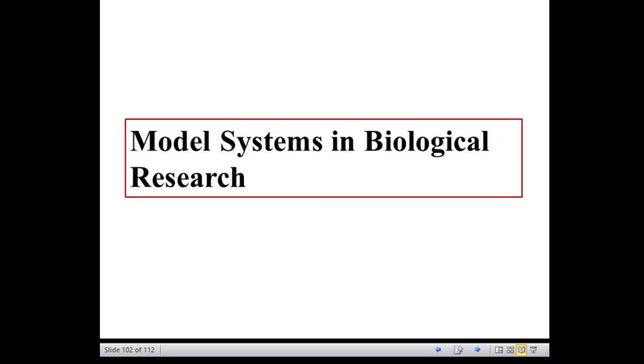In today's class, we will try to understand an important subunit in the course Analytical Biochemistry 2. This is about different types of models that are used in biological research.